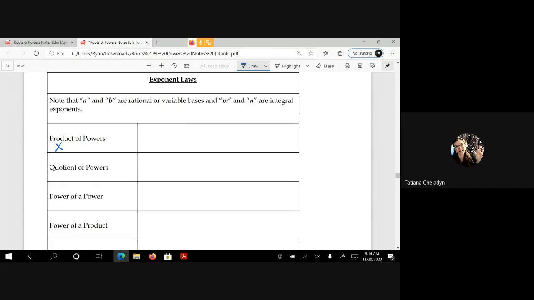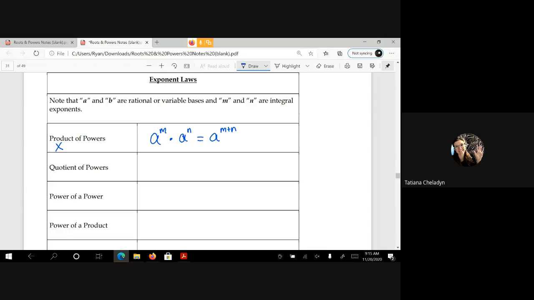So if we have a number a to the m, and it's being multiplied by the same number, a to the n, it will equal a to the m plus n. So when you're doing multiplication, you will add the powers together.